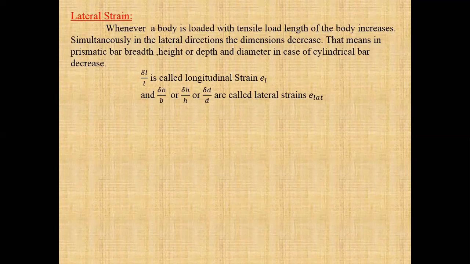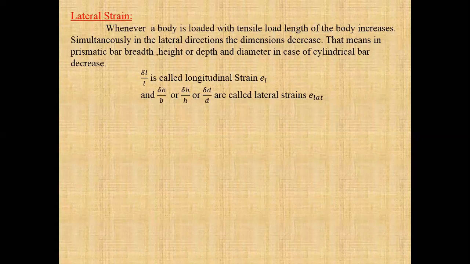So in the lateral directions, it is called lateral strain. What is the amount by which the breadth is decreasing, divided by the original breadth? That is what lateral strain is. The amount by which the height is decreasing, divided by the original height, or the change in thickness by the original thickness, or the change in diameter by the original diameter, that is called lateral strain.